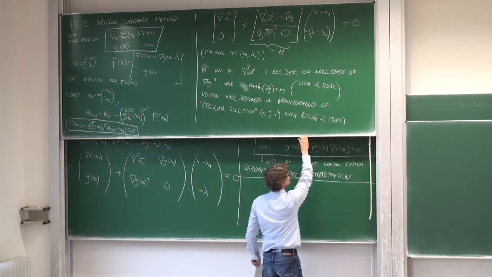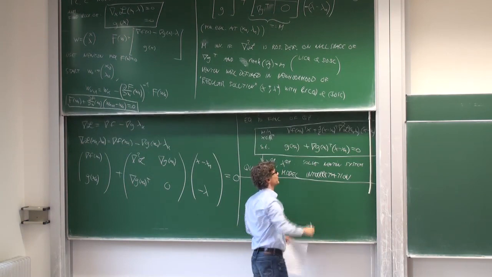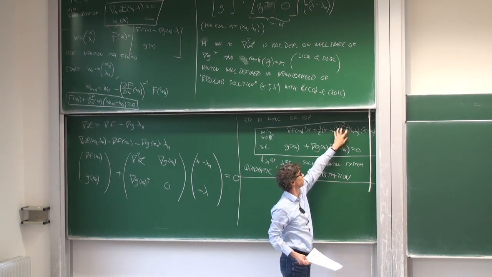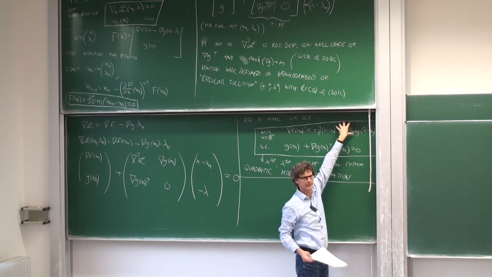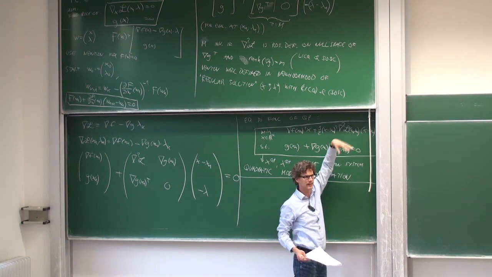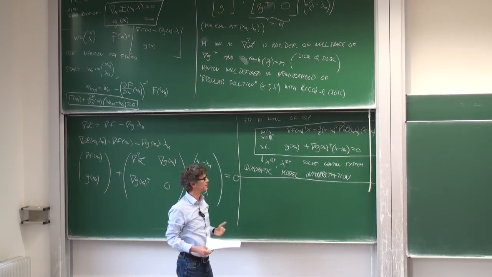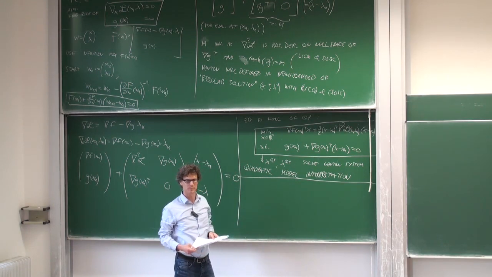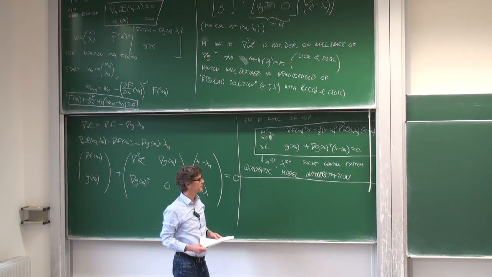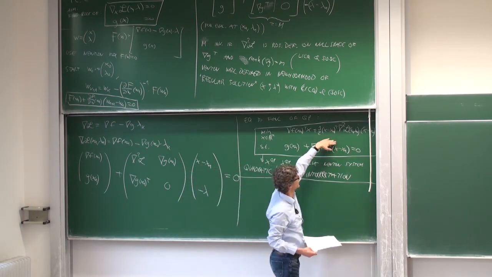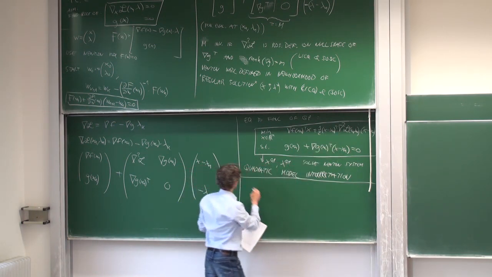I will just remind you that in the case of unconstrained optimization, we were allowed to replace the Hessian with something that is just an approximation of the Hessian and still get convergence to an optimal point, possibly not quadratic. And the same thing is also possible in equality constrained optimization.